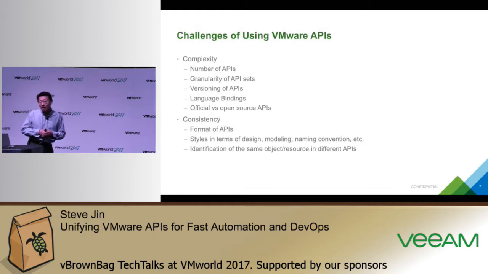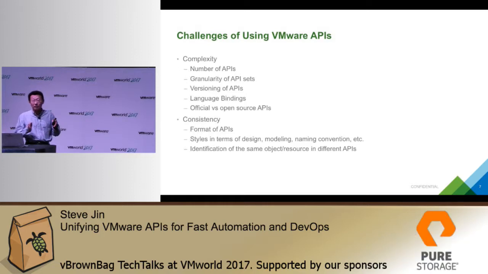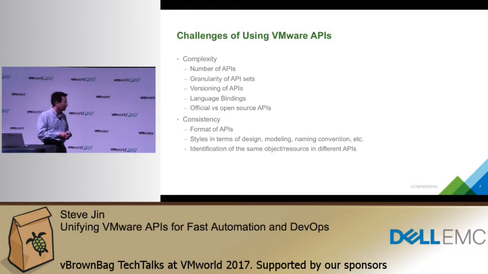Then the versioning of the API. Over the years the product keeps evolving, with more features and functionalities added, and I think VMware has done an excellent job of maintaining backward compatibility. Over the years, the old versions of the API still work with the new product, right? That's very hard to achieve, but VMware has done that.